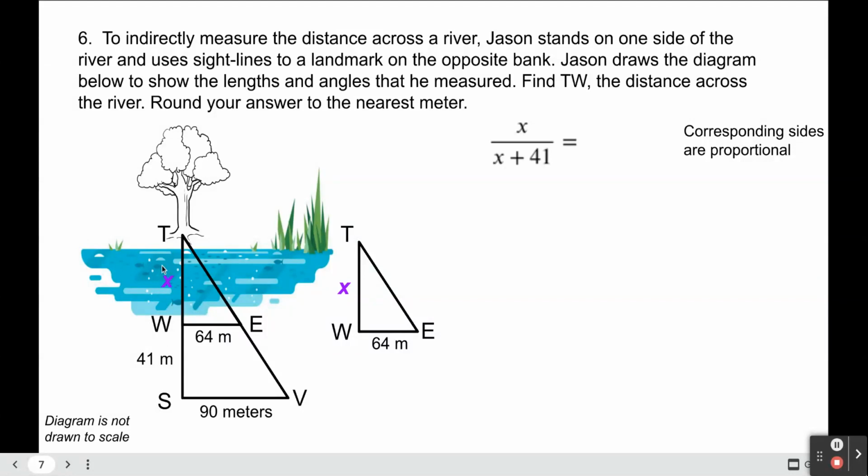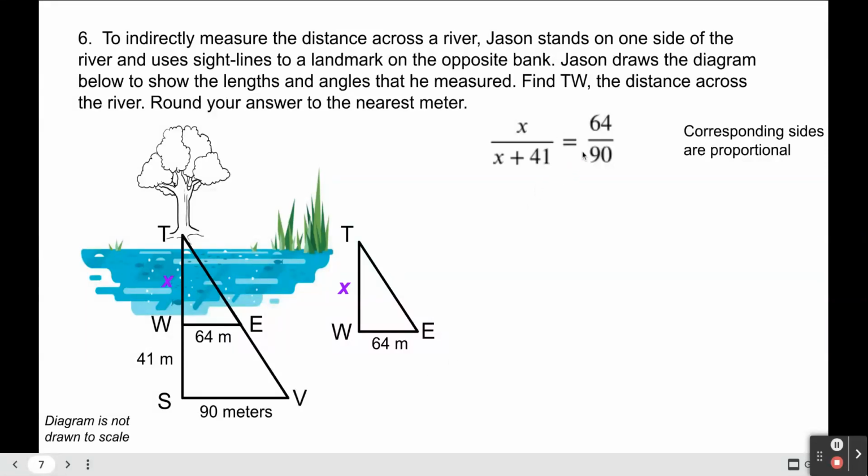It does matter that we need that full length, so we would just add X with 41 to get that length of the largest triangle. Then we want to set up another ratio. So the 64, the base of this smaller triangle, is going to correspond with the 90. Of course, the 90 is the base of that larger triangle.